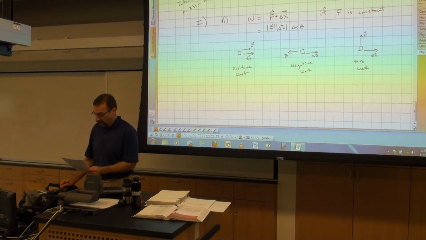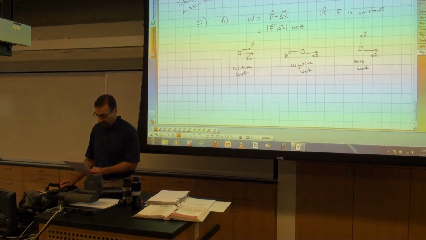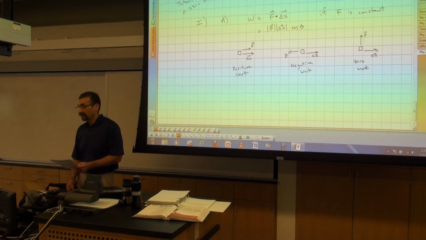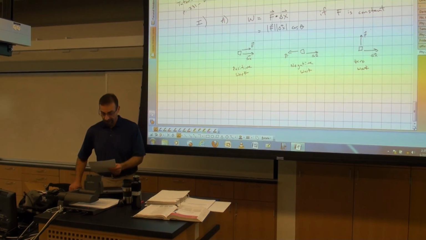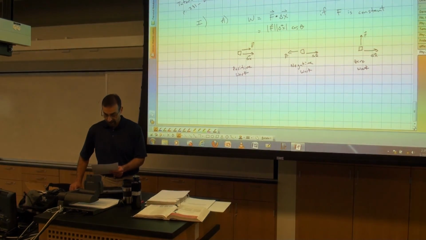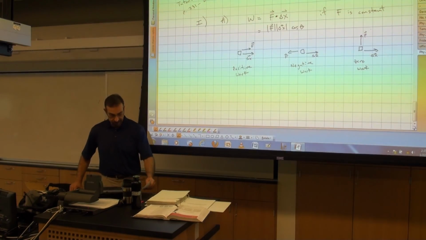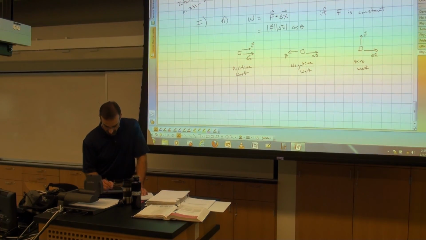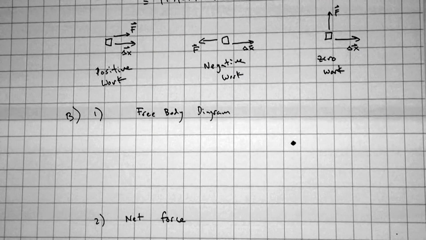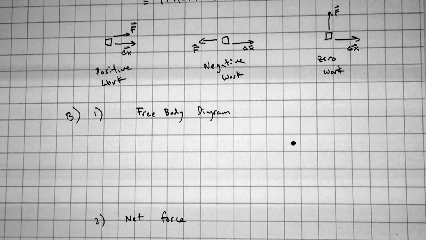Okay, now we're pushing a block up an inclined plane, a frictionless inclined plane. So draw a free body diagram for the block. Okay, we have a free body diagram. What's touching the block?